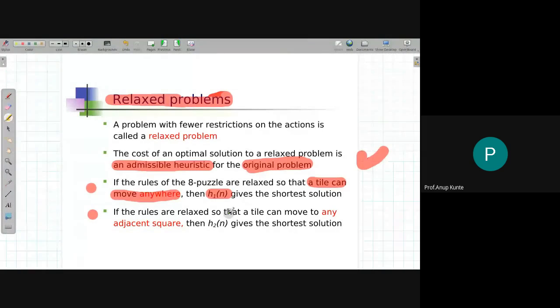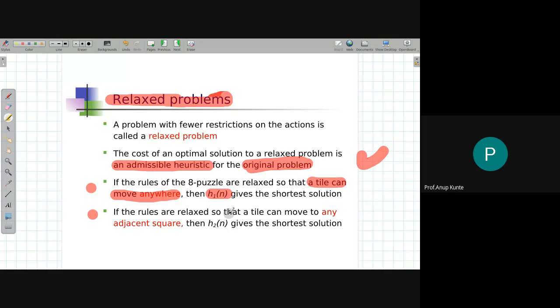Automatically 2 tiles now are correctly placed. So initially if 8 tiles are misplaced, after one move it will be only 6 tiles which are misplaced. Second move there will be 4 tiles which are misplaced. Third move, only 2 tiles are misplaced. And fourth move, I get the solution. So in 4 moves itself, I directly get the solution.